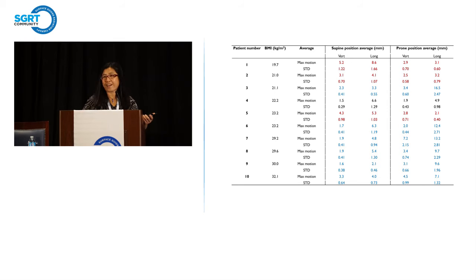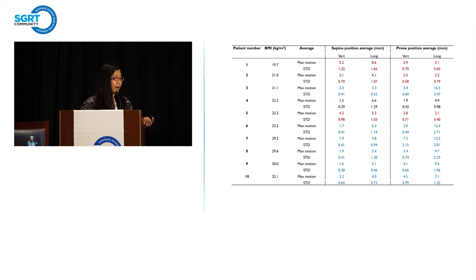It's a little small, but I have to squeeze the data into one table, and I apologize for the small numbers. I color-coded it. When you see red, it means in the supine position the average motion is bigger.